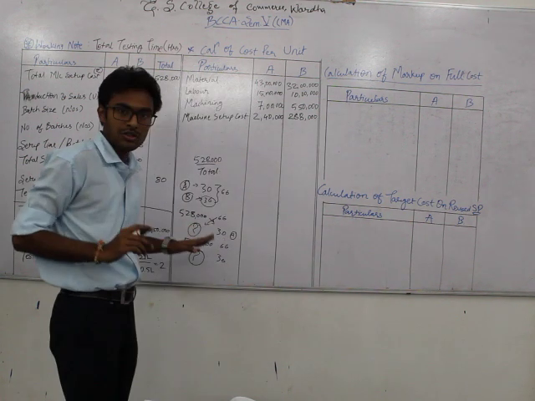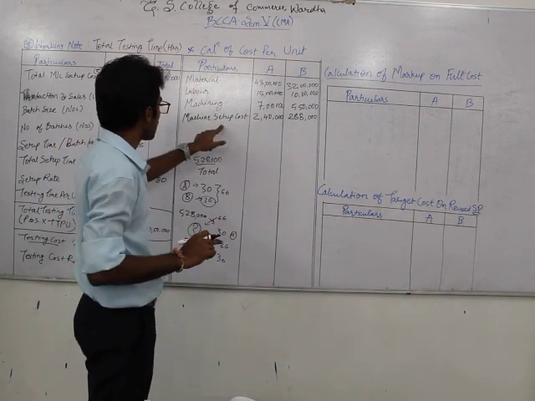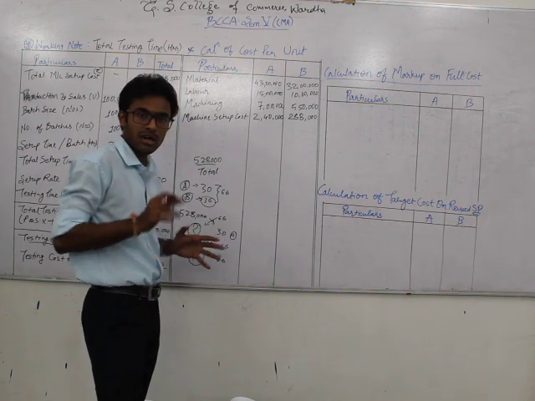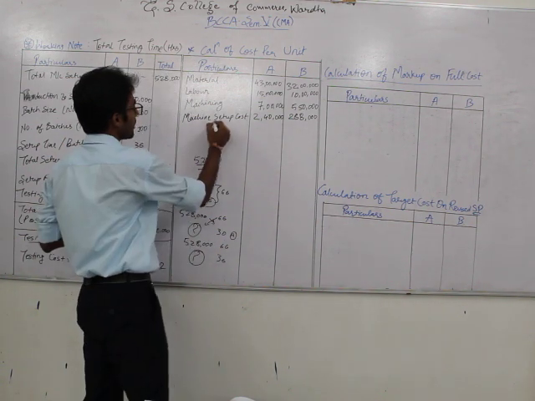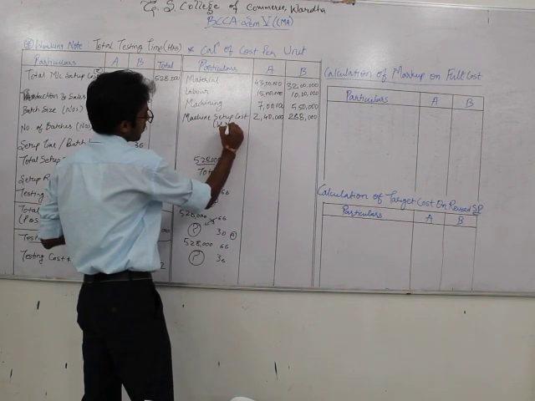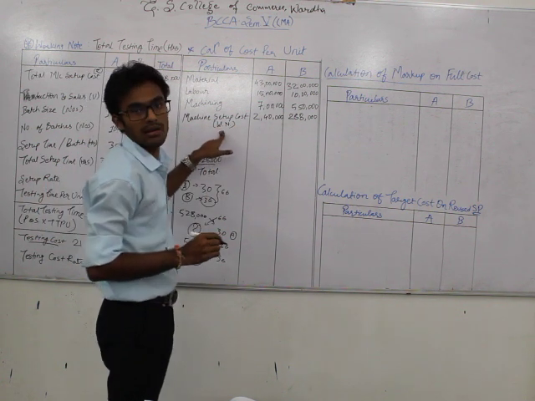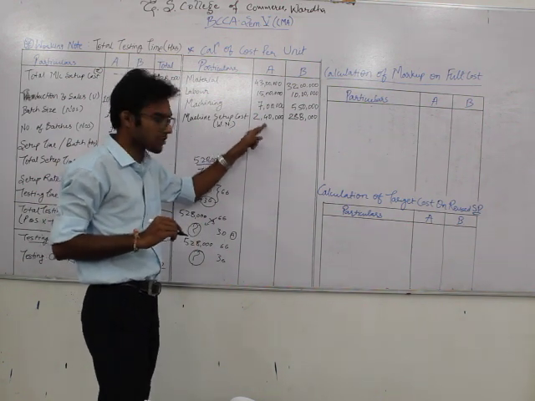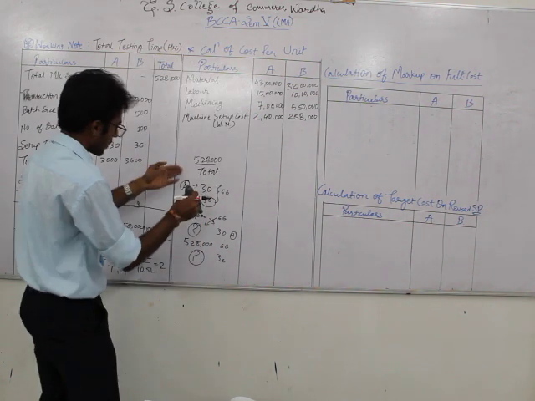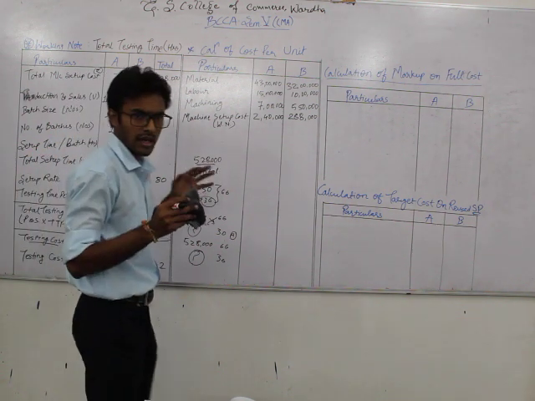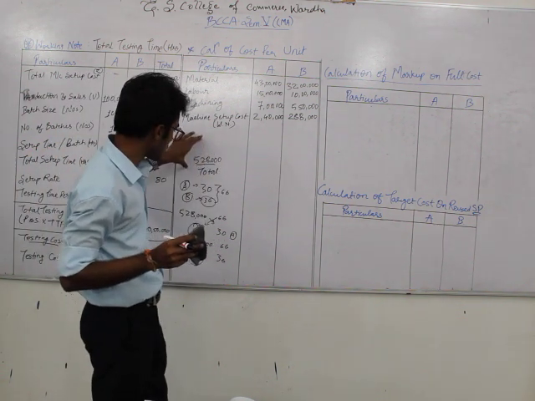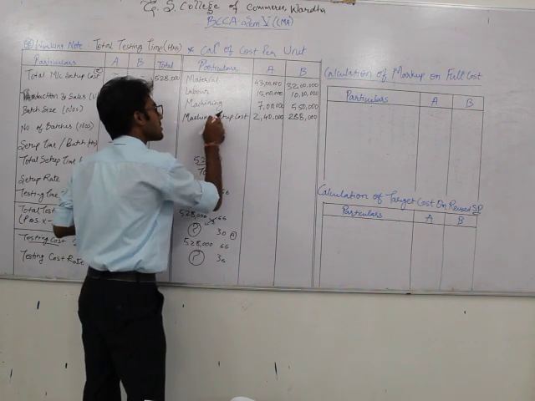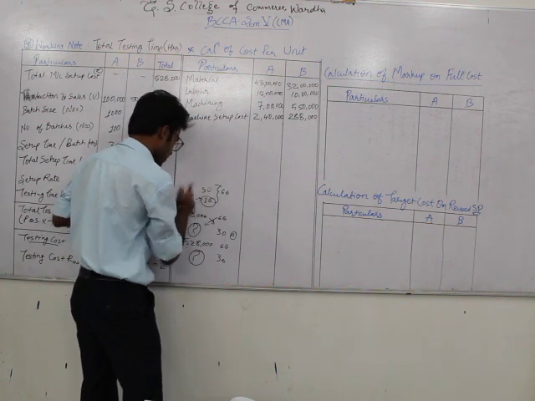See, I have given you the logic for how to calculate this. You can write this in your working note to understand the calculation. I cannot keep this on the board because I have to rub it to use the board. So this is how you can calculate this cost.